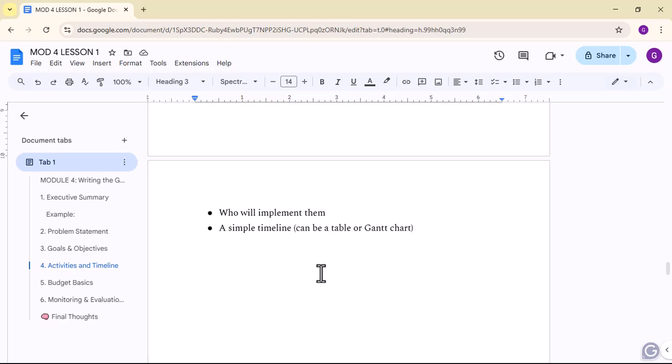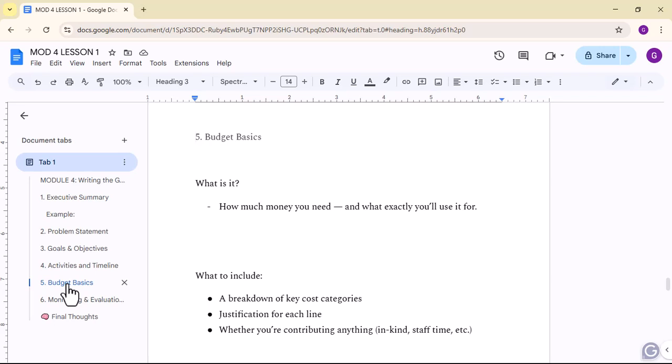So the next one is the budget basics. In this place we are looking at how much money you need for this project and what exactly you will use the money for. Like I mentioned earlier, most grant proposals, most CFPs, call for proposals, or RFPs, request for proposals, have their template for budget.